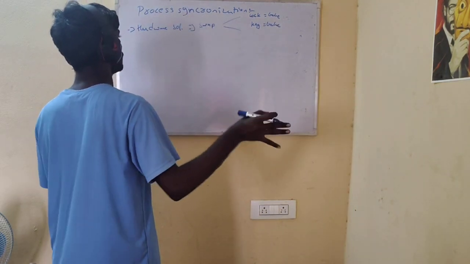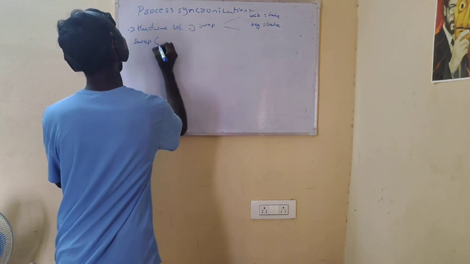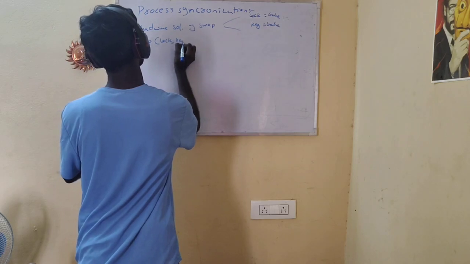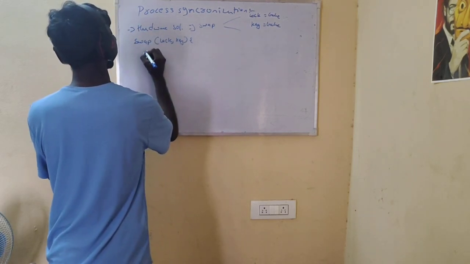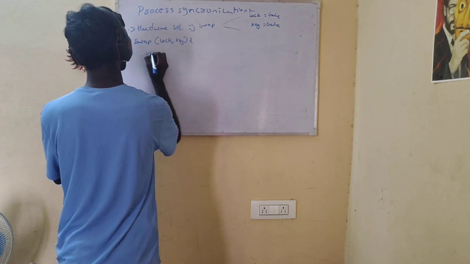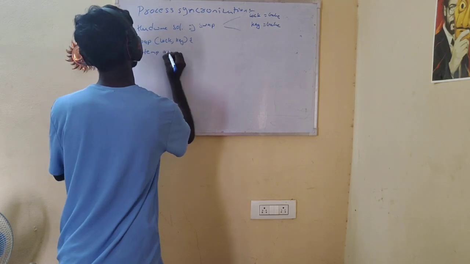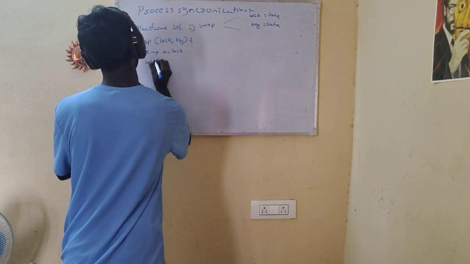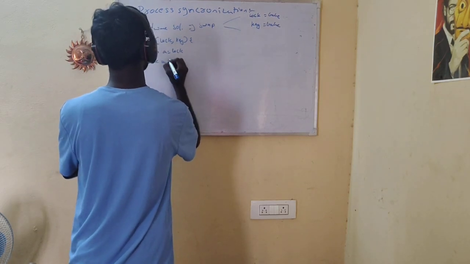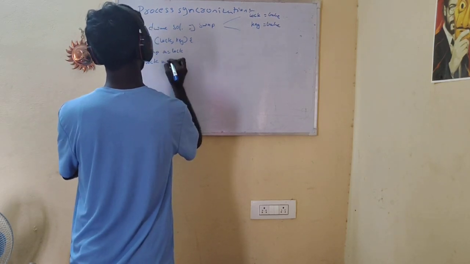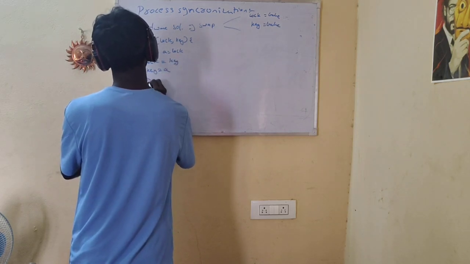Inside we have a function called swap of lock comma key, and what we are doing is swapping: temp equals lock, lock equals key, key equals temp.